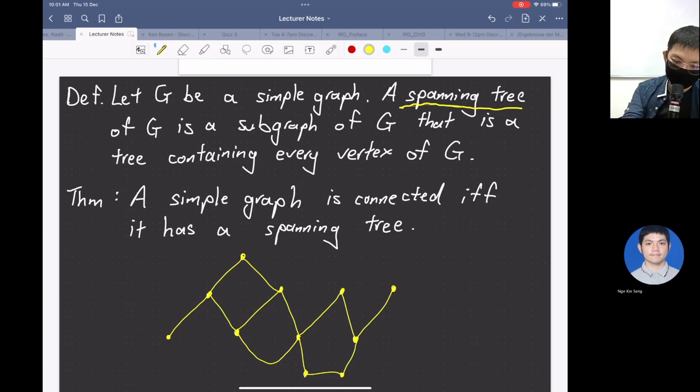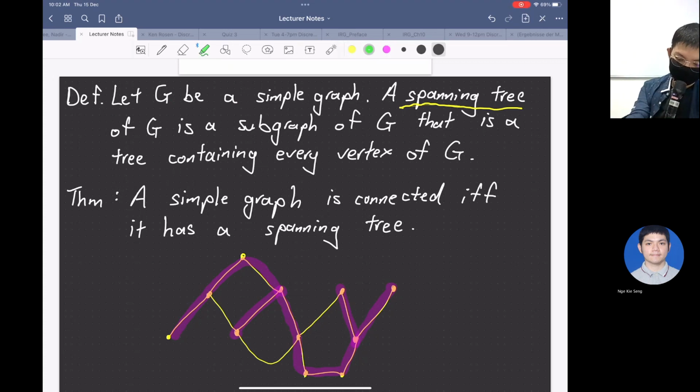So for example, one spanning tree I can get is something like this. It's a tree. There's no simple circuit. So you should think of the backbone of your spanning tree, and then things come out from this.